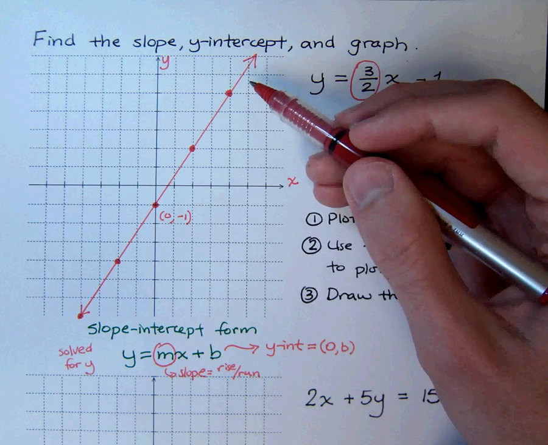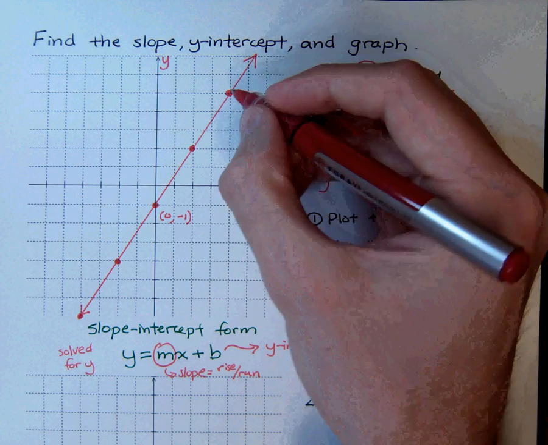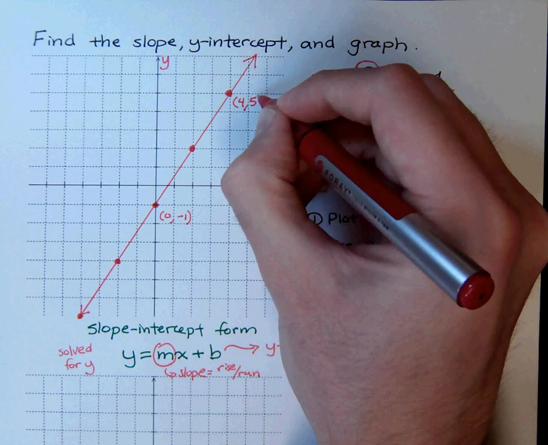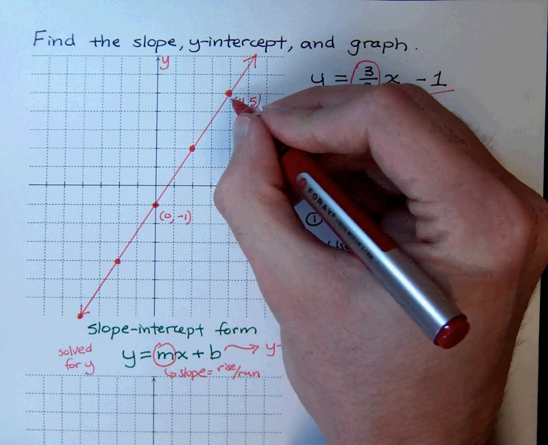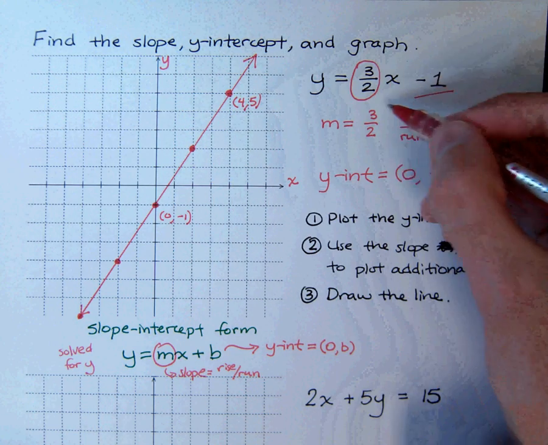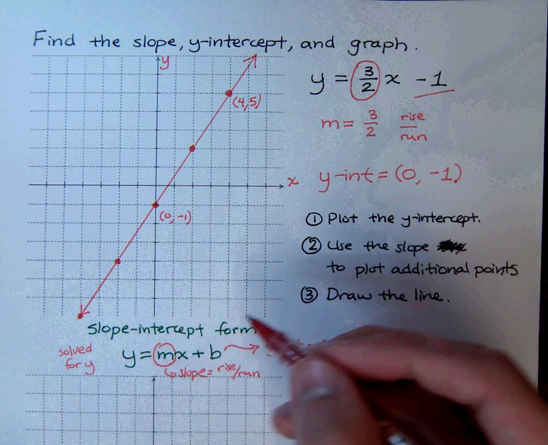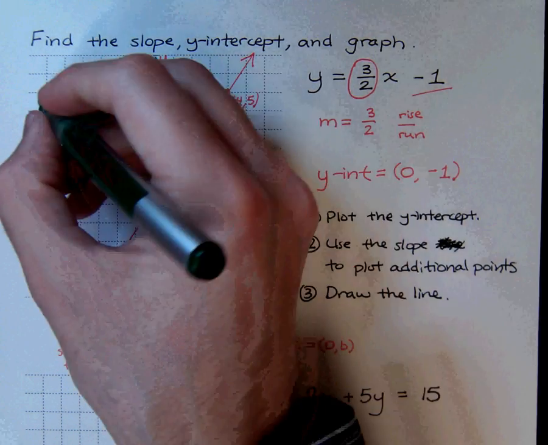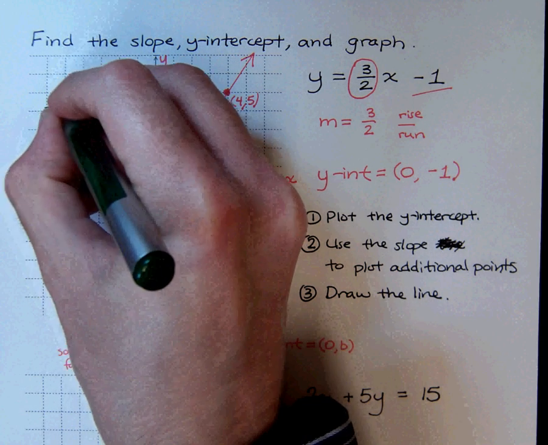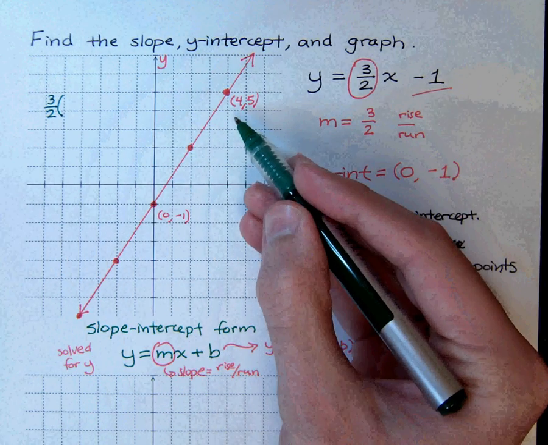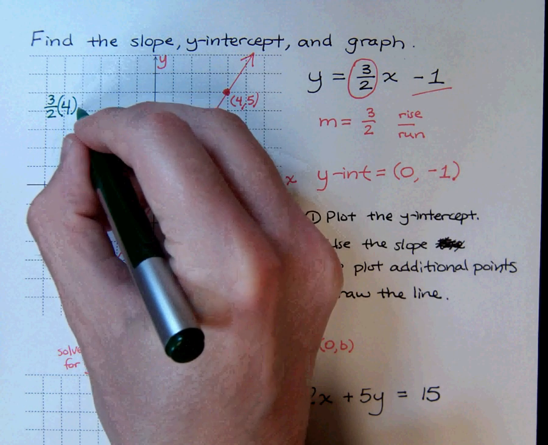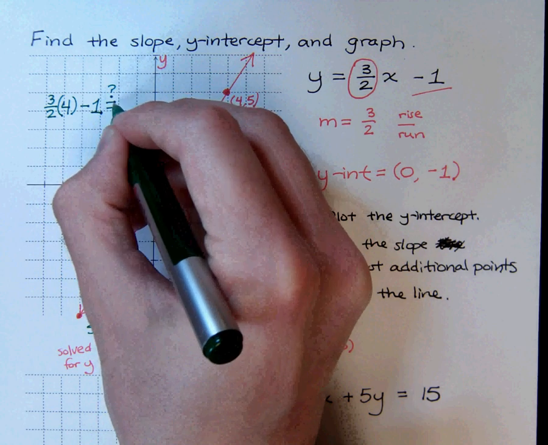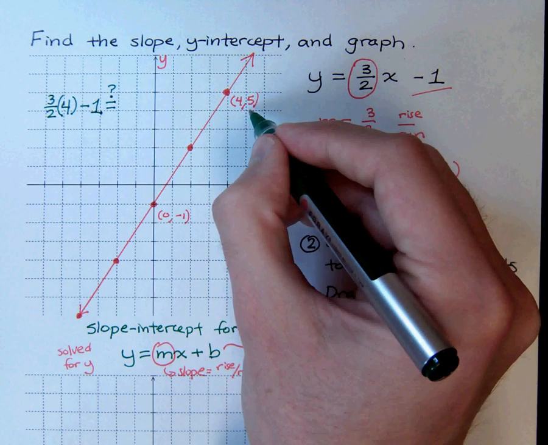Now look at some of these other points that we have here. This point right here is the ordered pair (4, 5). Now if this is a point on the line, that means that it is a solution for this equation. We can easily check that, and let's do that over here on the left where we have some room. I'm trying to say that 3/2 times the x value of 4 minus 1, that should be equal to, let's check, is that equal to the y, which is positive 5?